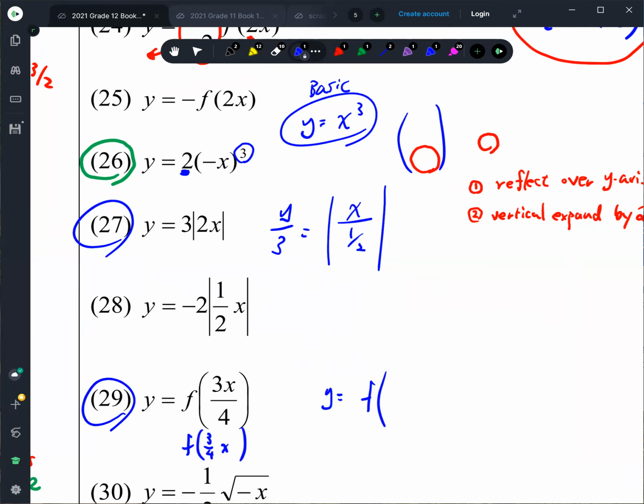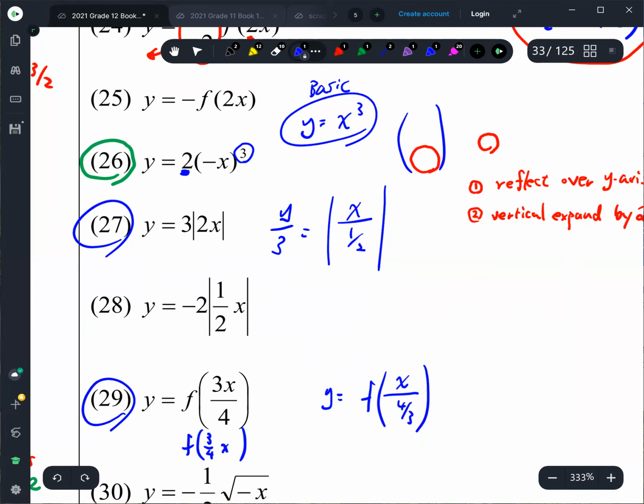So y is equal to f of 4x over 3. No, no, you need to move it under, remember? Oh, no. Y is equal to f of x over 4 over 3. Yeah, okay, when you move it under, you need to flip it. So what's the story? Horizontally expand by 4 over 3. Yeah, okay.